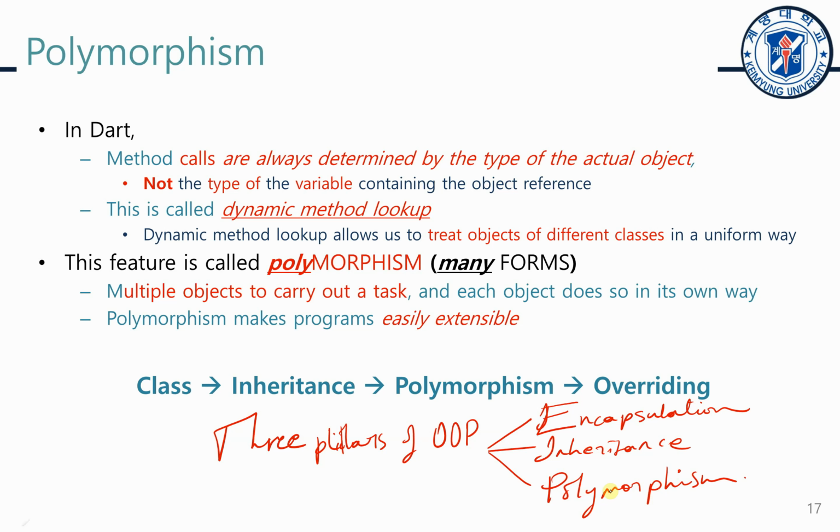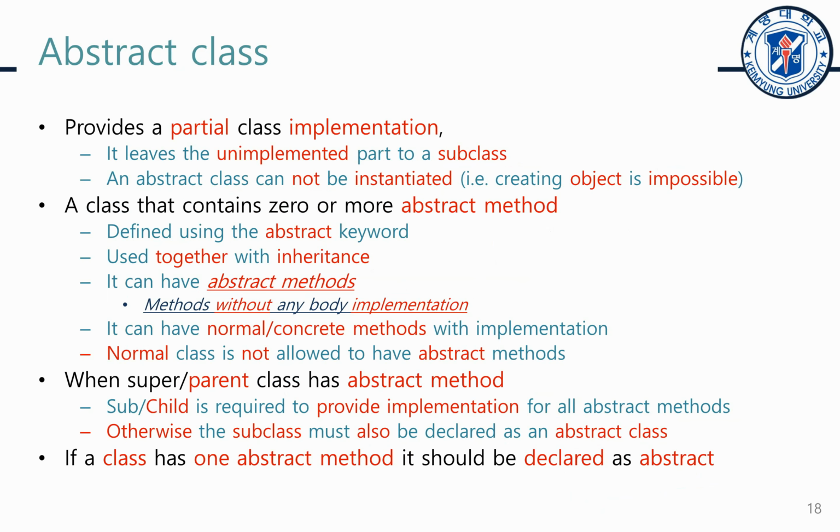And polymorphism is the characteristic of having one method or one variable act in different ways, and using these characteristics we can create other behaviors of object-oriented programming.